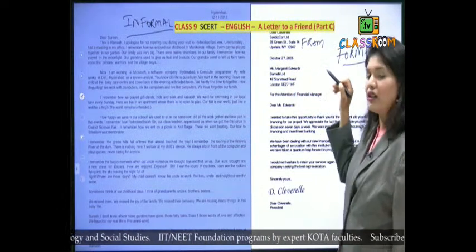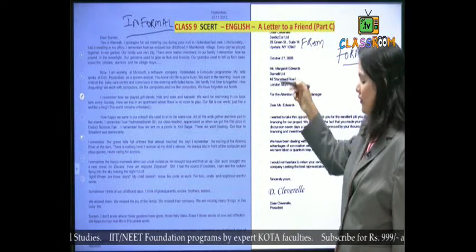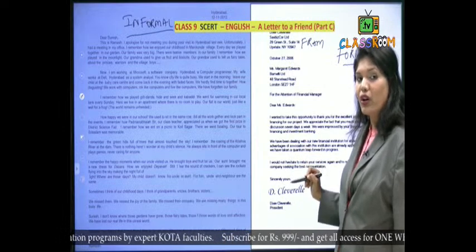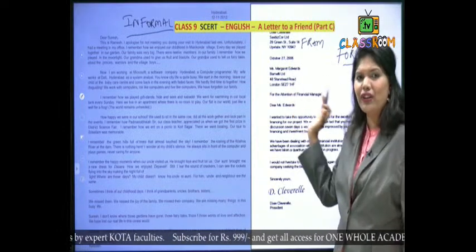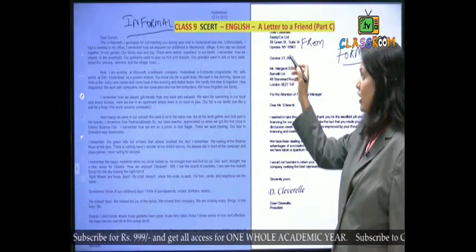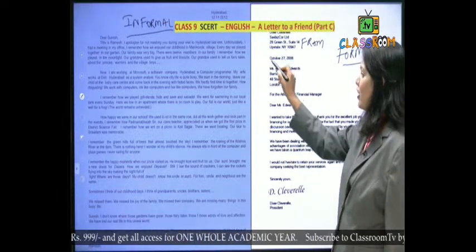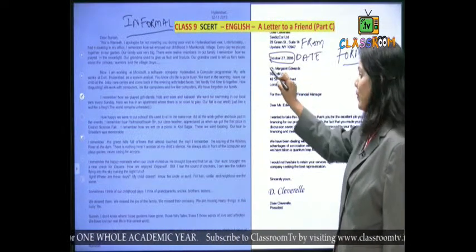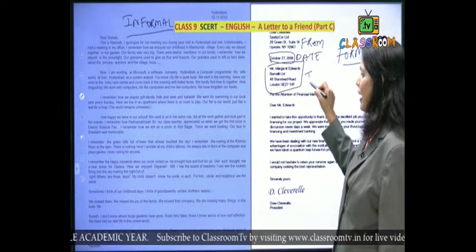So, when it comes to a formal letter, you have this structure. This is called a block format where everything is on your left hand side. You have the from address, you have the date here, and then we have the to address.